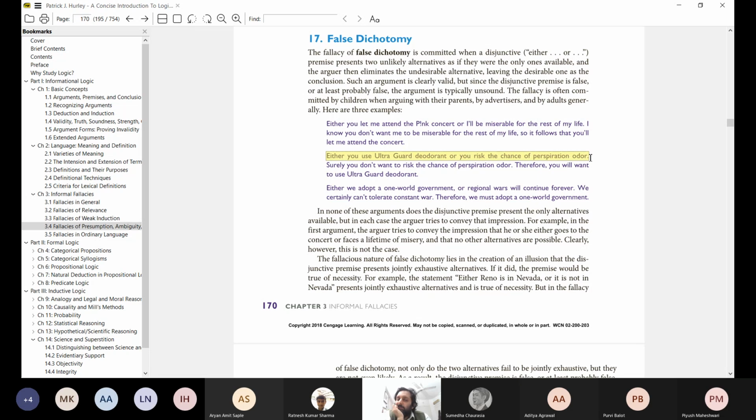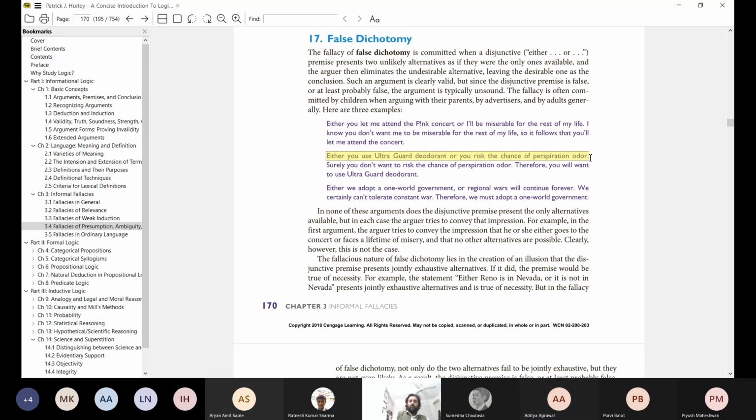Oh, interesting. So you think this sounds more like a false implication. I think all false dichotomies have a false implication. Like the first one had a false implication that if I don't attend the concert, I'll be miserable for the rest of my life.